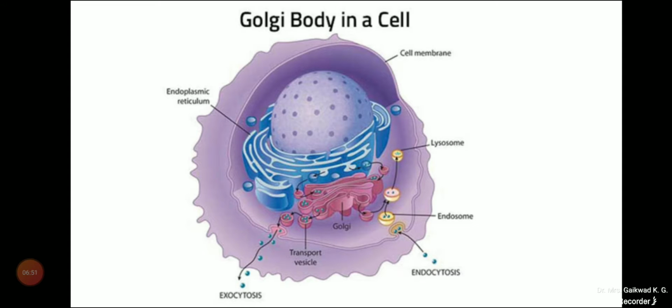For example, glycolipids and glycoproteins brought from the endoplasmic reticulum lose certain sugars and regain others, thus forming a variety of products. So the Golgi complex has a secretory function. It secretes different proteins, basically sugars and other substances.